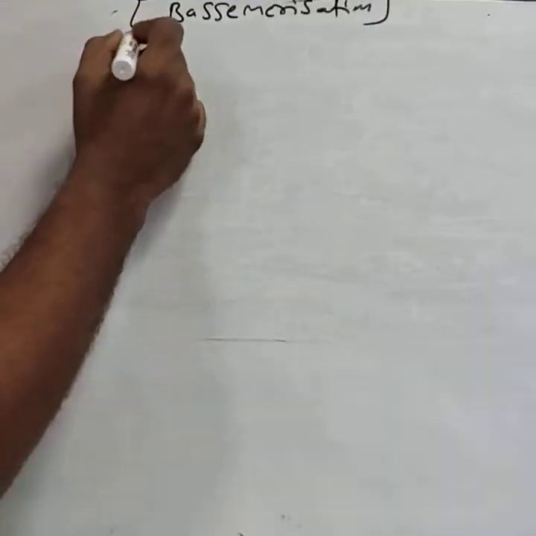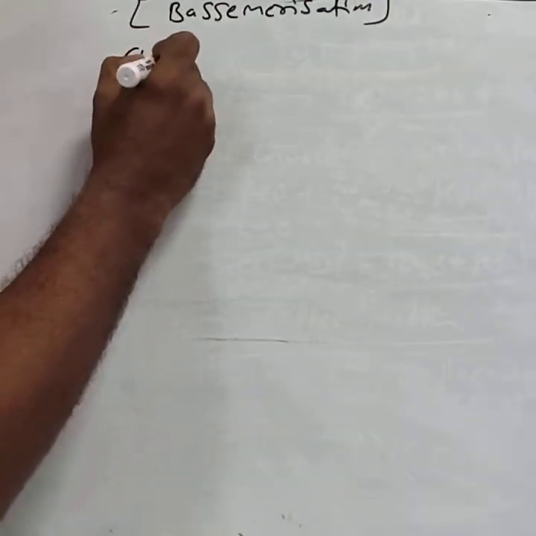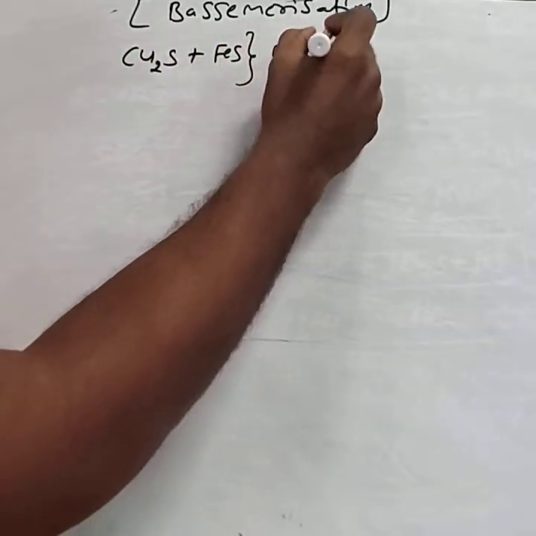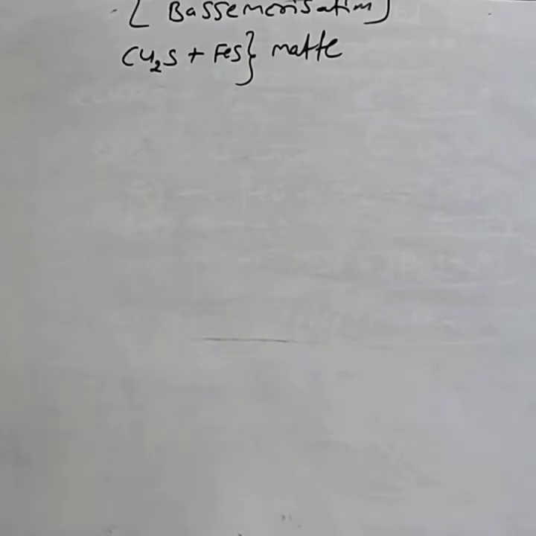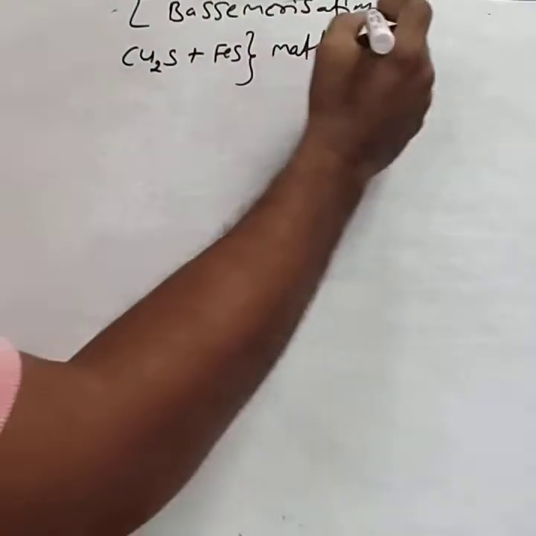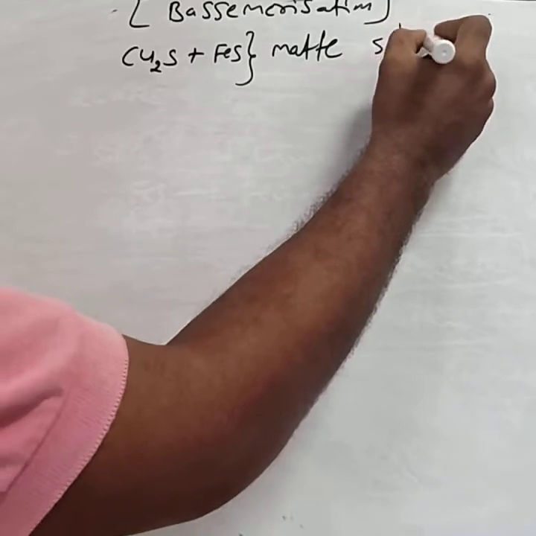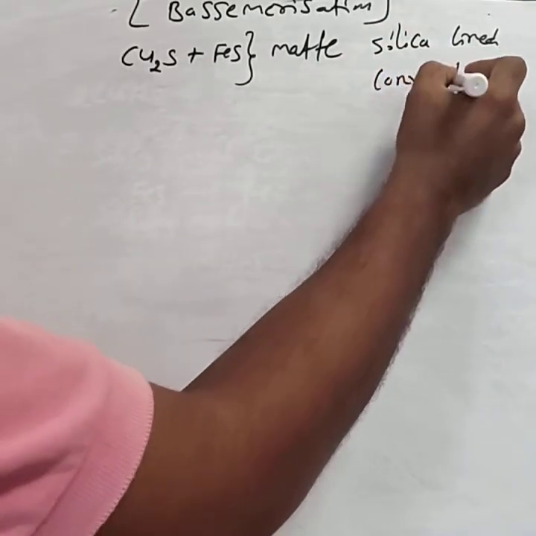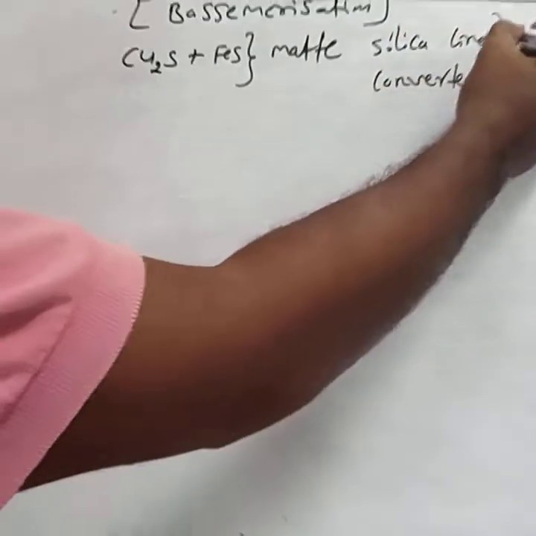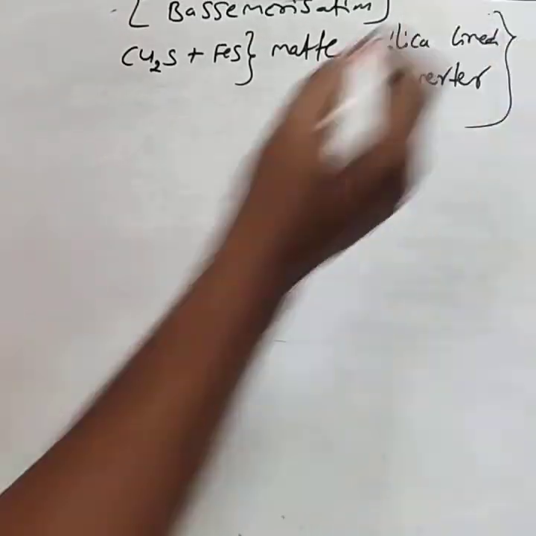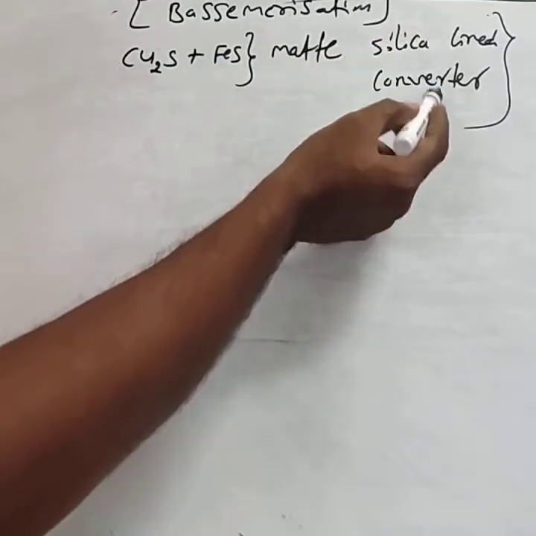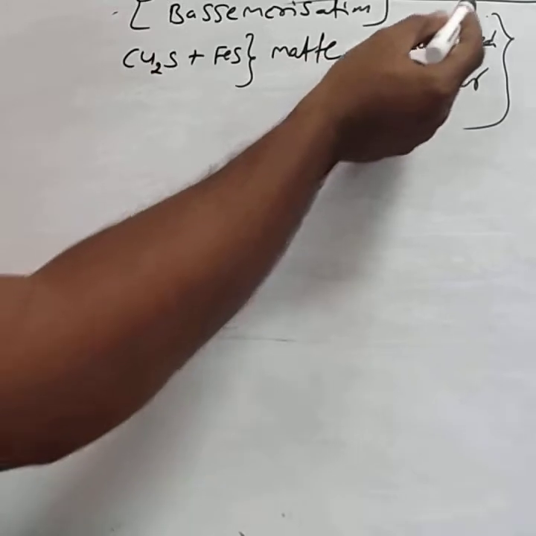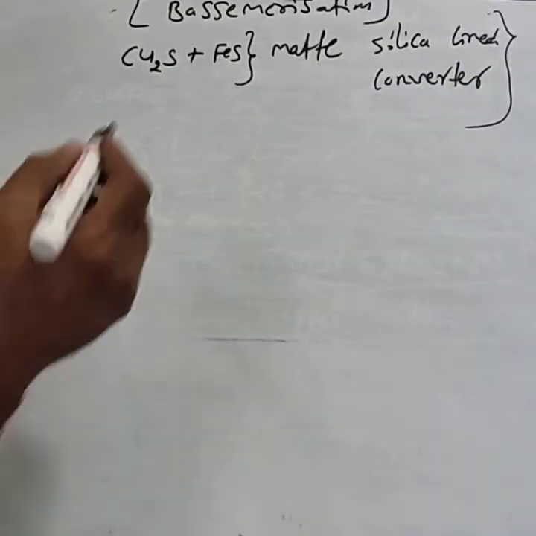This copper matte means Cu2S and FeS. Copper matte is introduced into the silica-lined converter, commonly called a Bessemer converter.